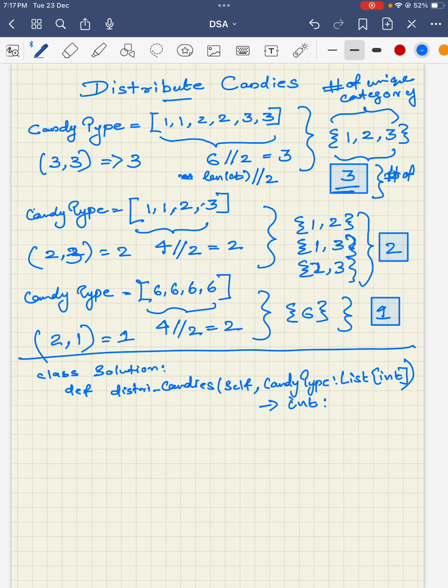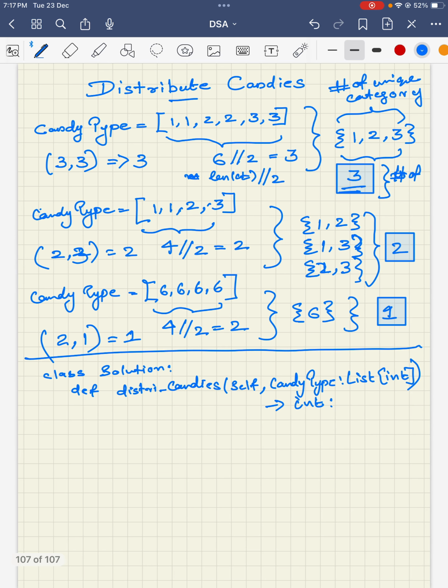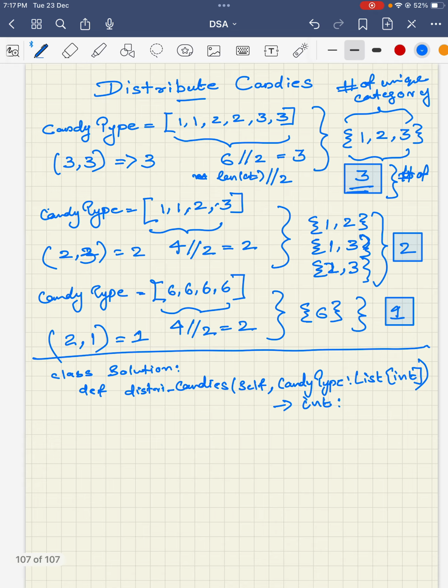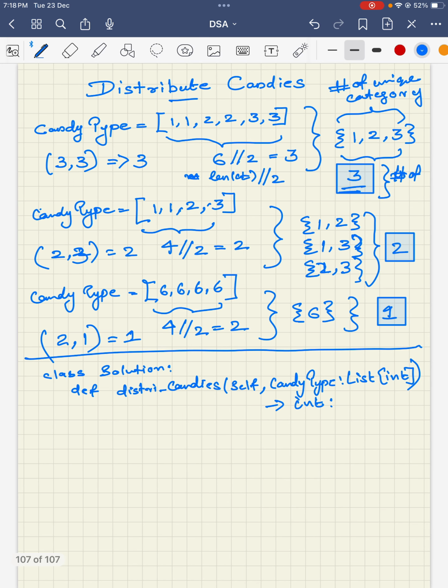Let's use one variable to store the advice of the doctor, and name it to_eat. This is the length of candy type divided by 2. And the number of unique elements, let's save it as unique.